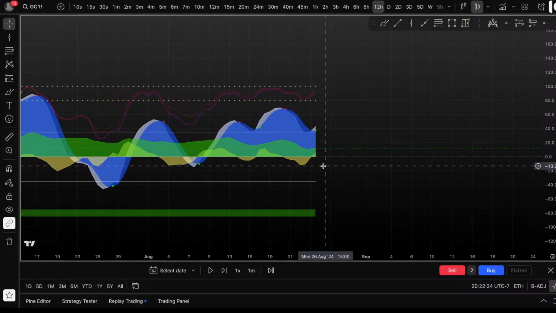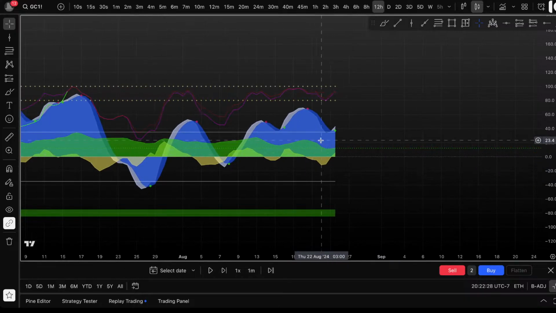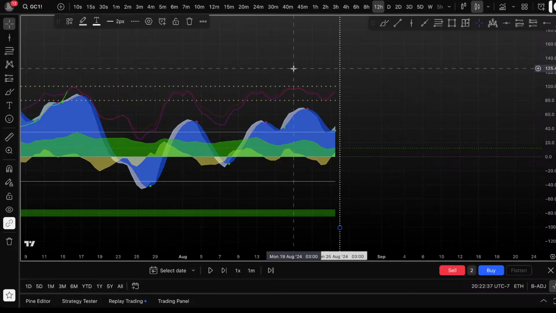I'd say we're bullish on the 12-hour. I think we're gonna see some push. We're gonna get some push action. Bullish on the 12, folks. We're bullish on the 12. That was an easy one.